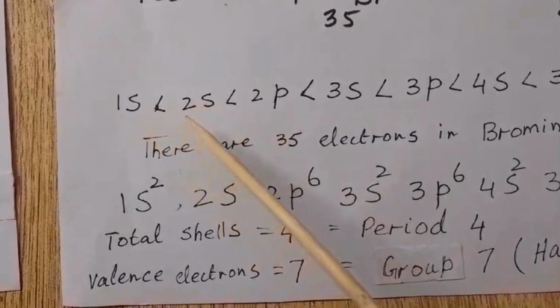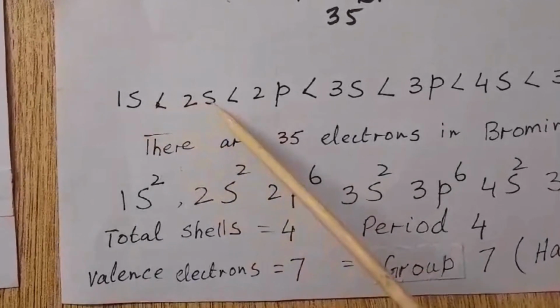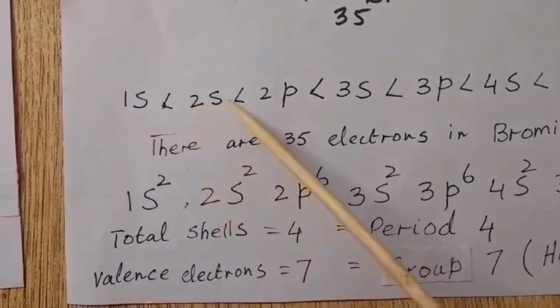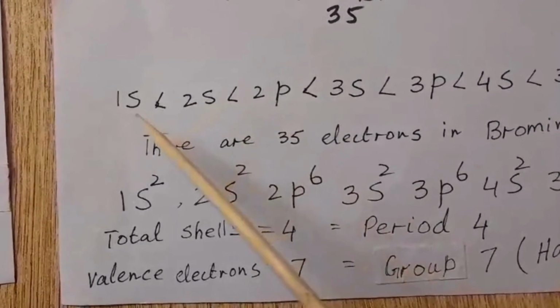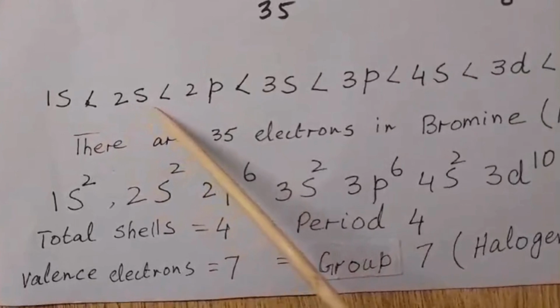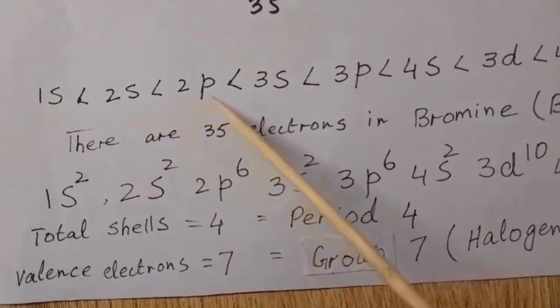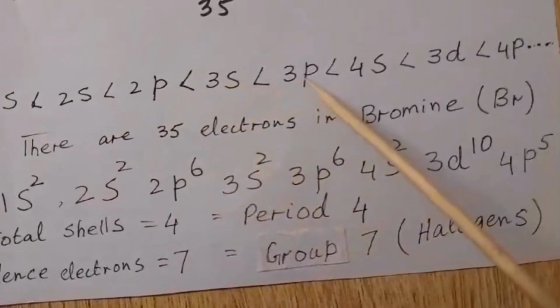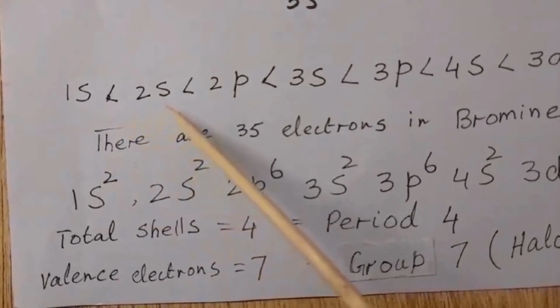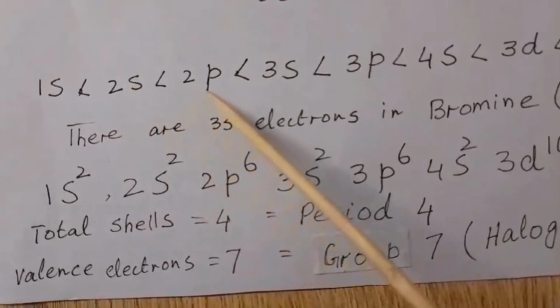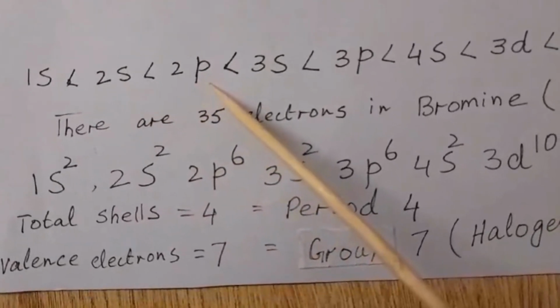According to the Aufbau principle, the electrons are filled in the lower energy levels first. So this is the increasing order of the energy of the subshells. 1s has lower energy than 2s, 2s has lower energy than 2p.